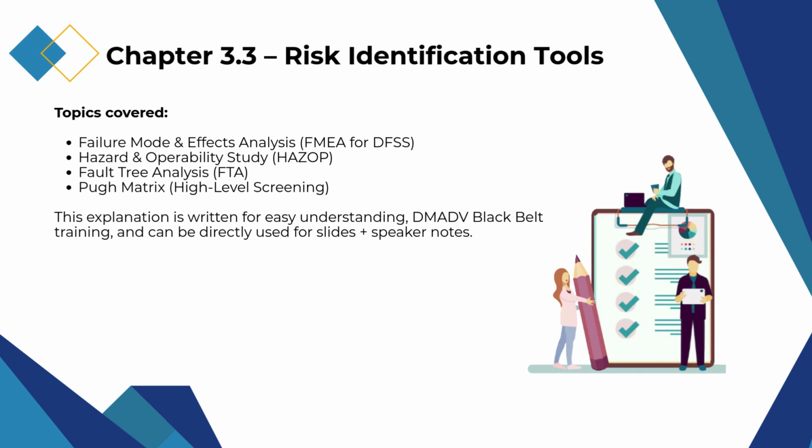Fault tree analysis, FTA, works backward from a potential failure to identify root causes and logical failure paths. The POO matrix provides high-level screening by comparing multiple design concepts against criteria to eliminate high-risk or weak options early, ensuring only robust designs move forward into detailed analysis and design.